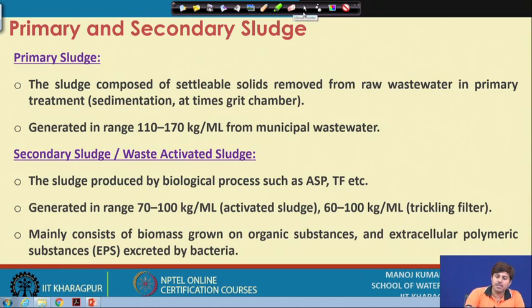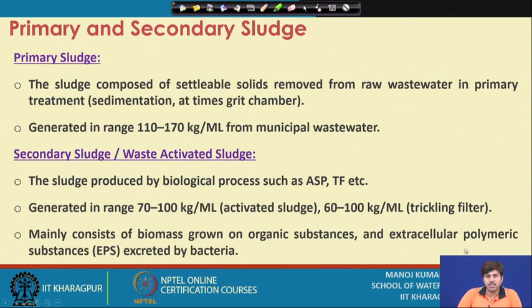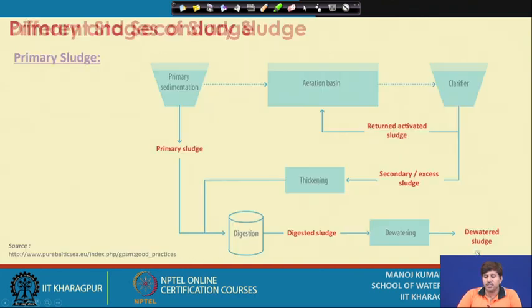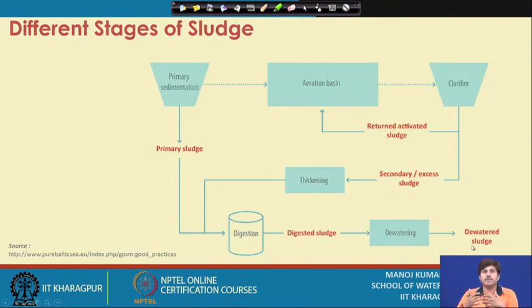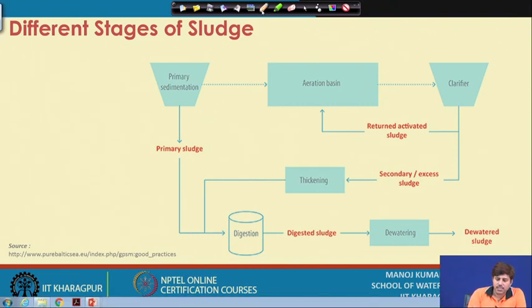Apart from this primary and secondary sludge, there are different stages of sludge production. These are the different types, primary and secondary sludge, that is fine, but then there are different stages of sludge production. As we were just discussing, we have a primary sludge and then we have a secondary sludge or excess sludge, or what we call waste activated sludge.